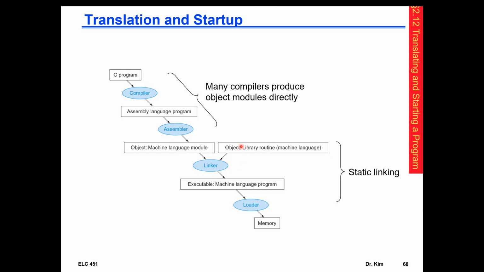Those two combined become the executable program. And then that's what gets loaded in memory and executed by a loader. This is a function of the operating system to read that binary from the disk, put it in memory, and then go and execute at that location where it was loaded.